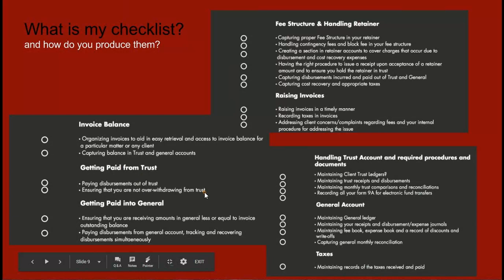And if you've organized yourself to take disbursements out of trust, make sure that you're not over withdrawing. So a big part of uLaw as a legal accounting software is that it keeps you compliant. You can never over withdraw from a uLaw trust account. And that's very critical. It's only the eligible amount that you can draw.